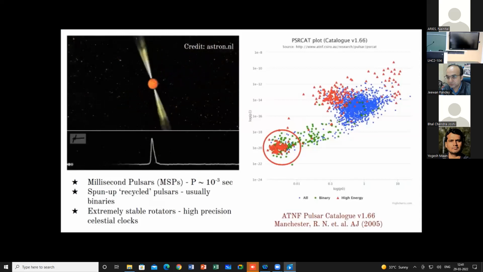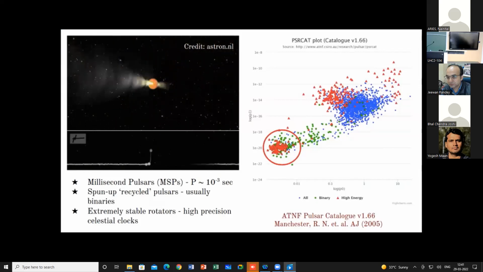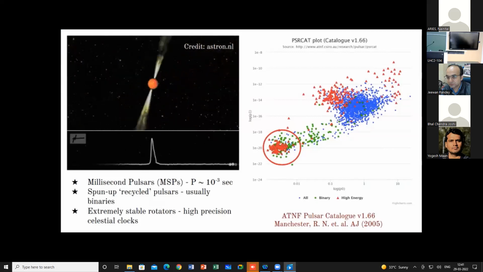Ideally, the pulses should be periodic, but precise measurements actually reveal discrepancies due to propagation delays. Among the many sources of these delays, the ones which we seek are the nanohertz gravitational waves. But detection of such delays requires submicrosecond timing precision, which is available only for extremely stable and precise pulsars with periodicity in the order of milliseconds.